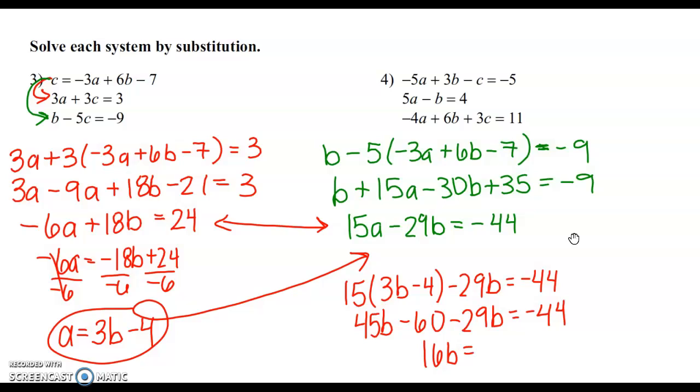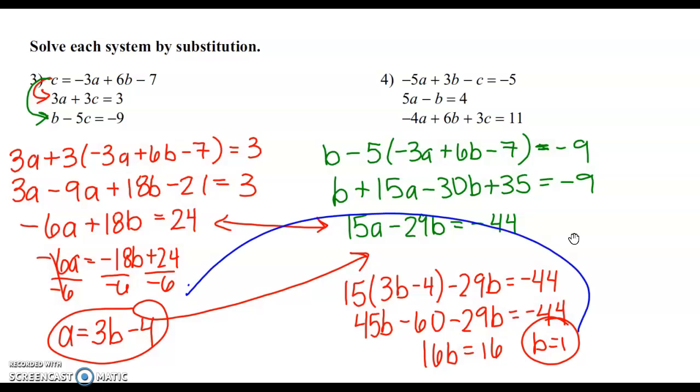When I add my 60 to the other side, I get 16. So b is 1. Now that I know that b is 1, I can take it back over here. So A equals 3 times B, which is 1, minus 4. So A equals 3 minus 4. So A is negative 1.